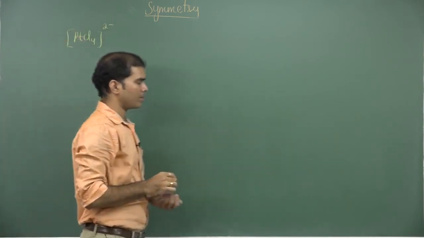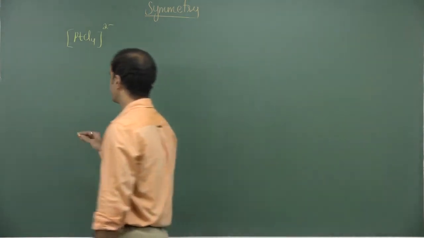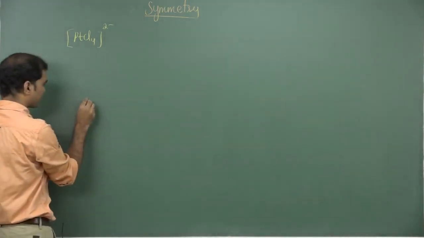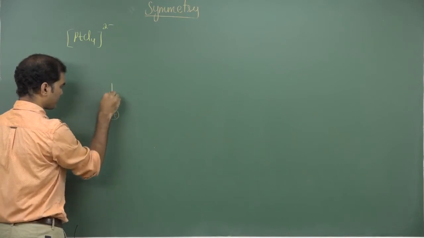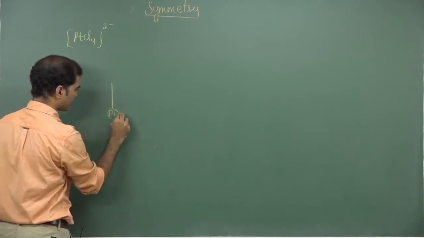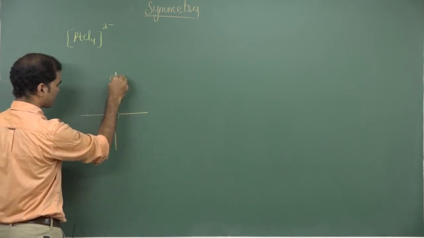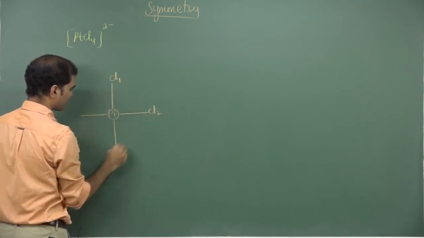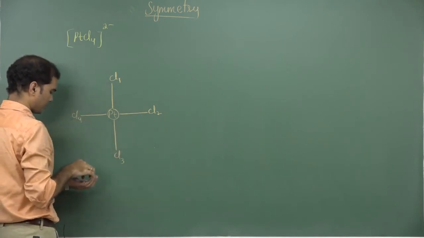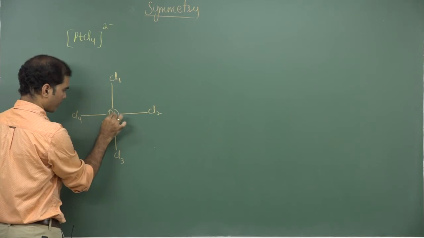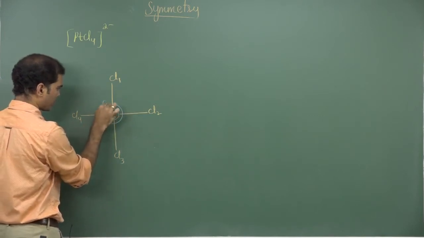Let's take tetrachloroplatinate. We identified C4 as the principal axis.